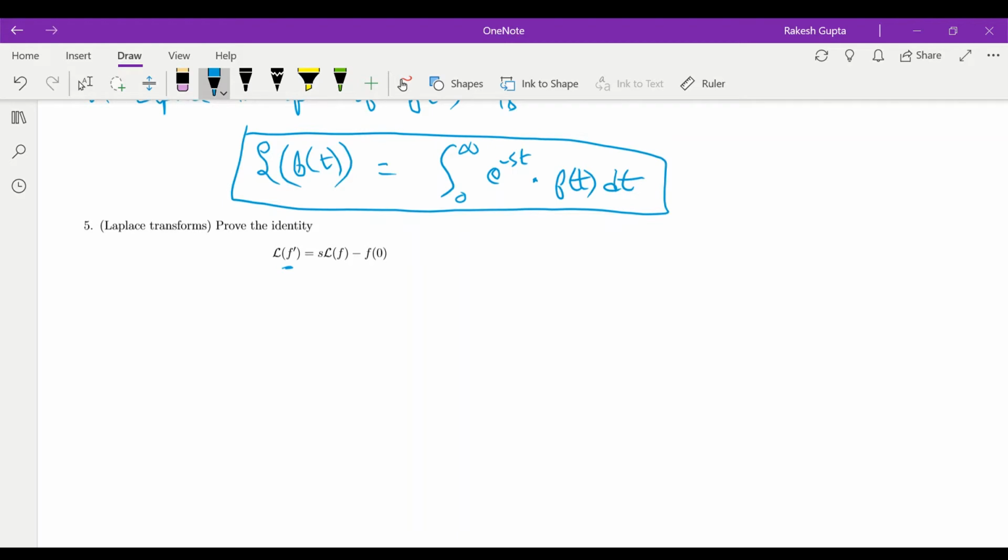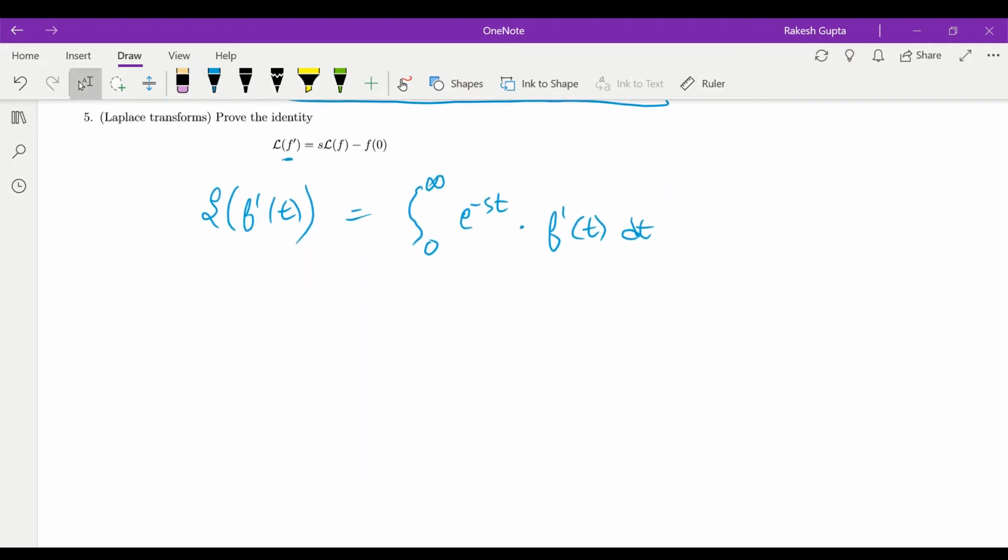So continuing, instead of f of t, we are going to write f dash of t as it is given in the question. Now we will use integration by parts, the formula for which is given by this.